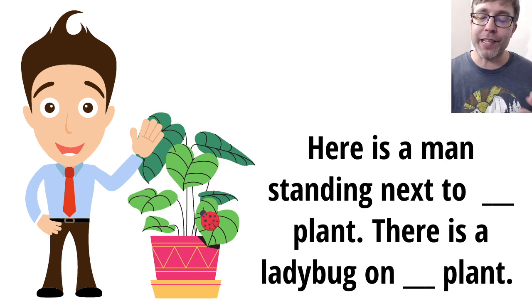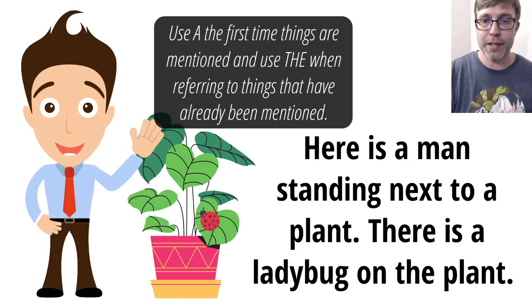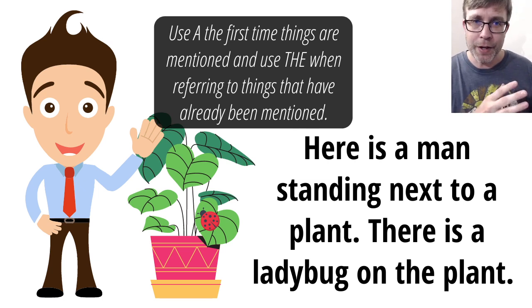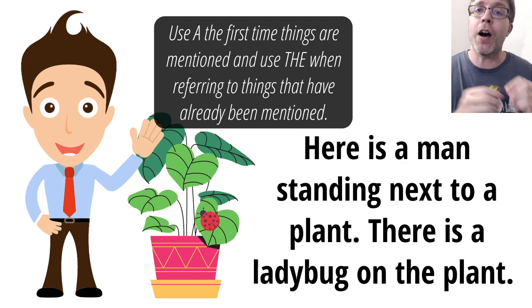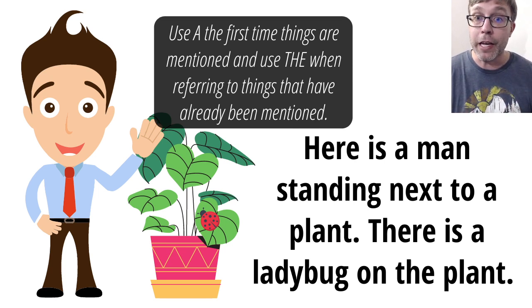The way you would say is, here is a man standing next to a plant. There is a ladybug on the plant. I know that in the picture there's only one plant, so maybe you think, oh, that's specific. But if you're talking about a story, and that's why I wanted to reference storytelling, you have the rule of first mention, is what it's called.